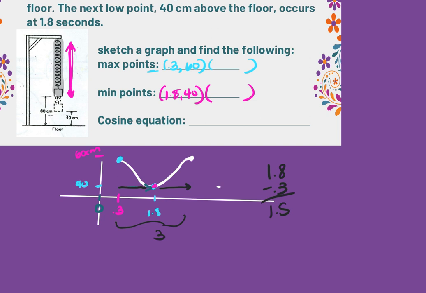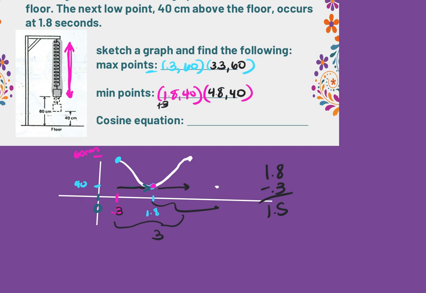So that means that my max is going to happen again 3 seconds later. So (3.3, 60) would be the next one. And my minimum is going to happen again 3 seconds later. So it'd be (4.8, 40). Now I have 2 sets of max and 2 sets of mins.